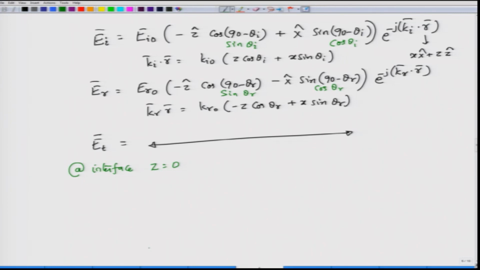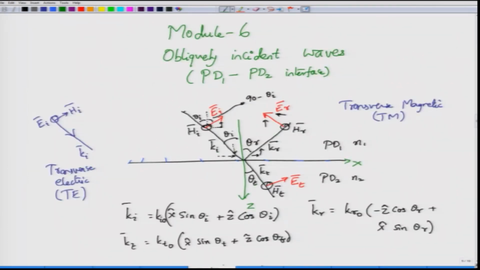But what am I looking at in this expression? I am actually applying the tangential electric field condition. So, I have the tangential electric field in medium 1 being equal to the tangential electric field in medium 2 at the interface. In medium 1, I have the incident electric field along the plus x direction, and the reflected field component along the minus x direction.